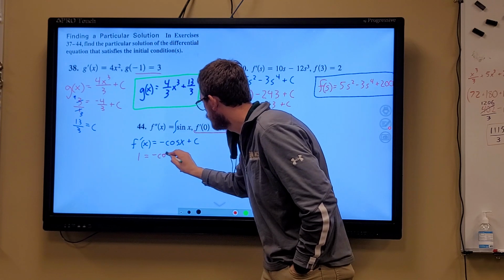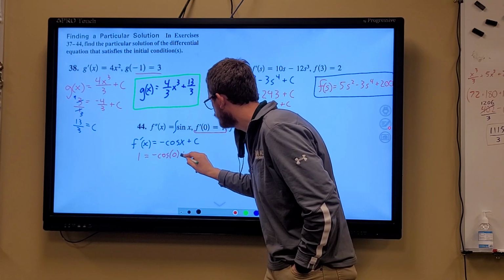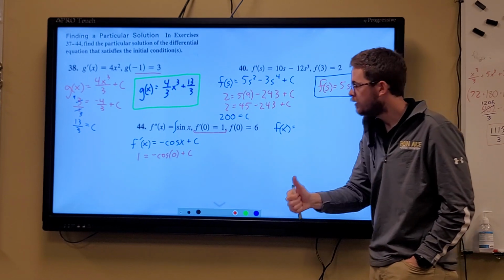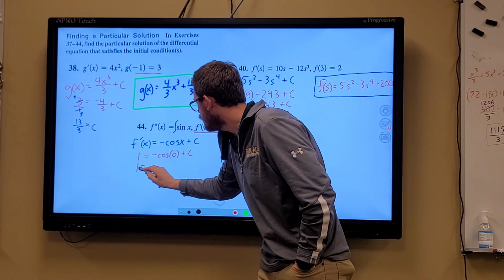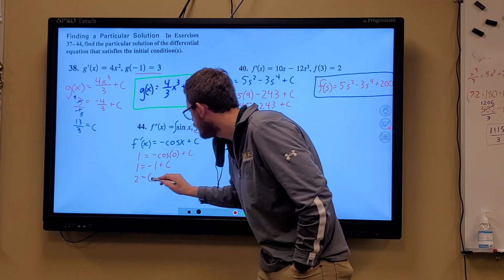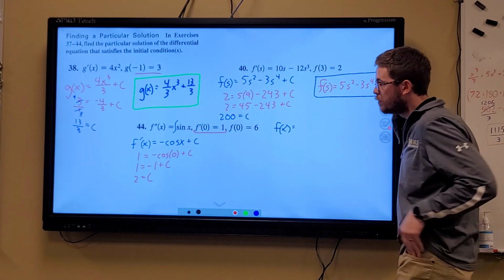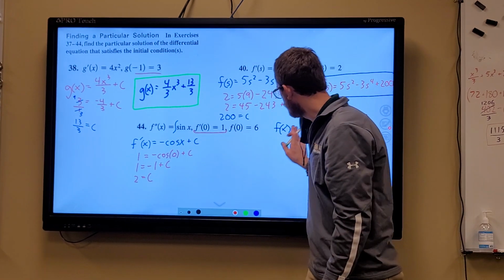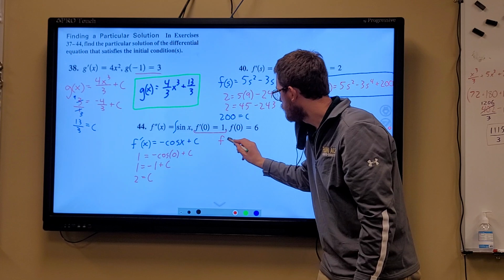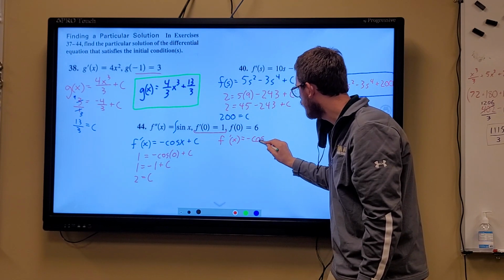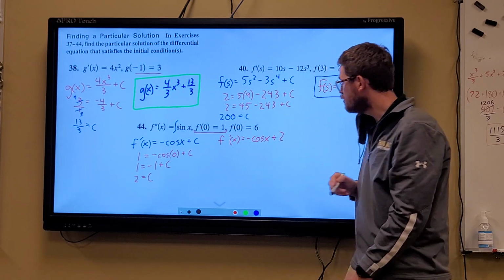So I have negative cosine of 0 plus c. Cosine of 0 is 1. So I have 1 equals negative 1 plus c. So the c value in this moment is 2. Based on that piece of information, my first derivative is a negative cosine of x plus 2.